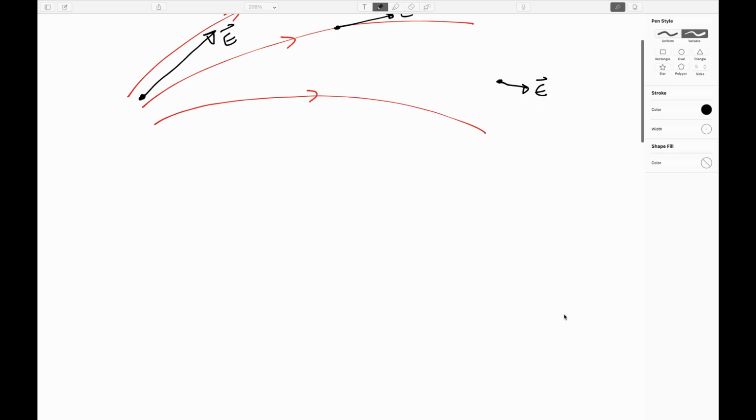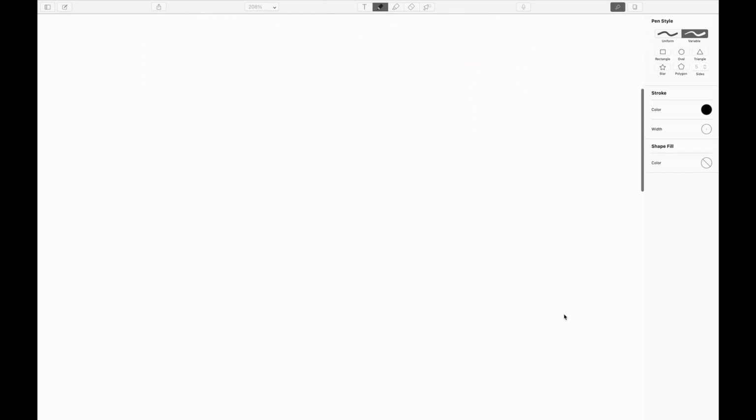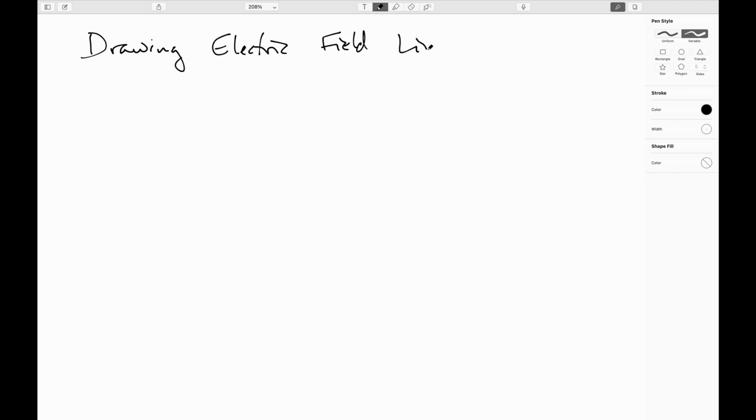It turns out that there are rules for how to draw these electric field lines. And if you follow the rules, you can estimate the electric field anywhere without actually doing any math. Well, I guess technically you are doing math, but it's being done graphically.